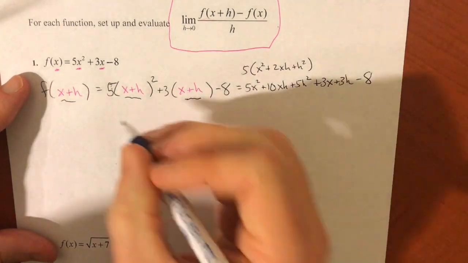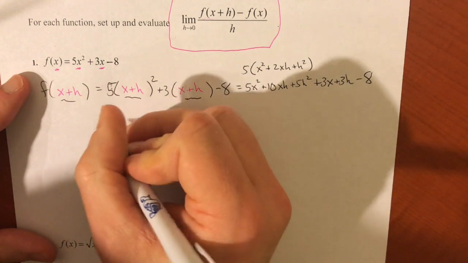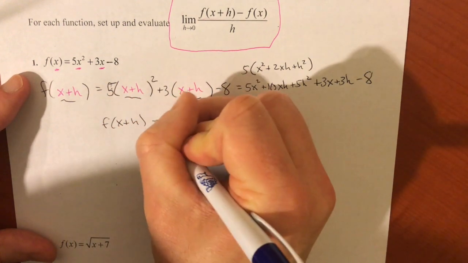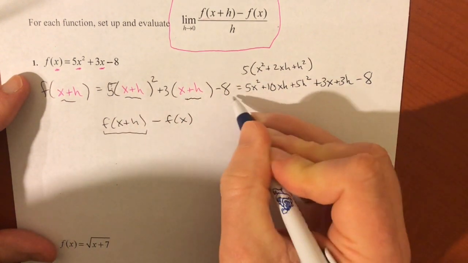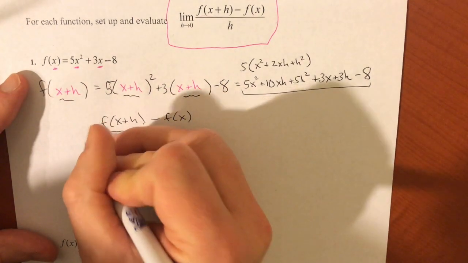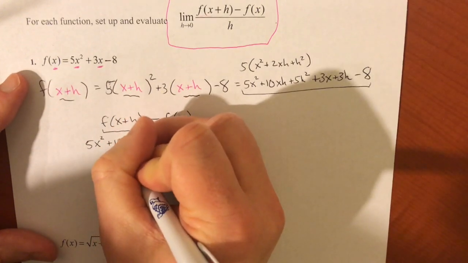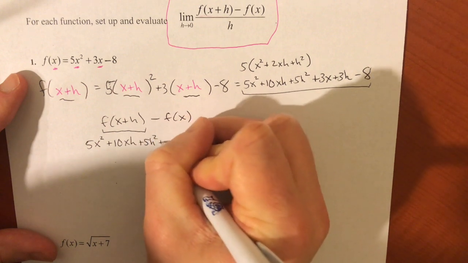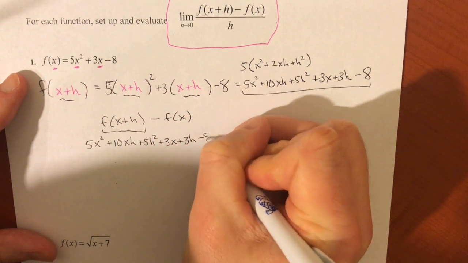So let's just take our time. We'll forget about the limit for right now. The f of x plus h minus the f of x. Now f of x plus h was all of this that we just got. So I'm going to try to be neat here. I don't want to leave anything out. That's 5x squared plus 10xh plus 5h squared plus 3x plus 3h minus 8.